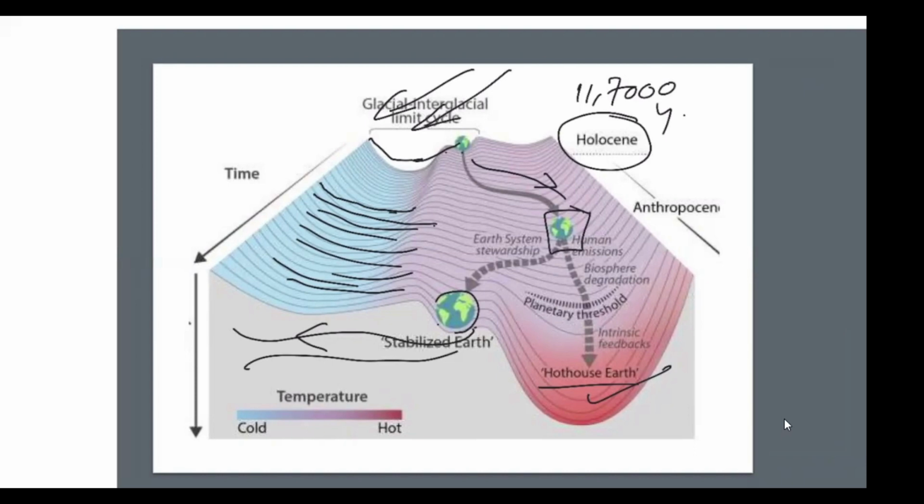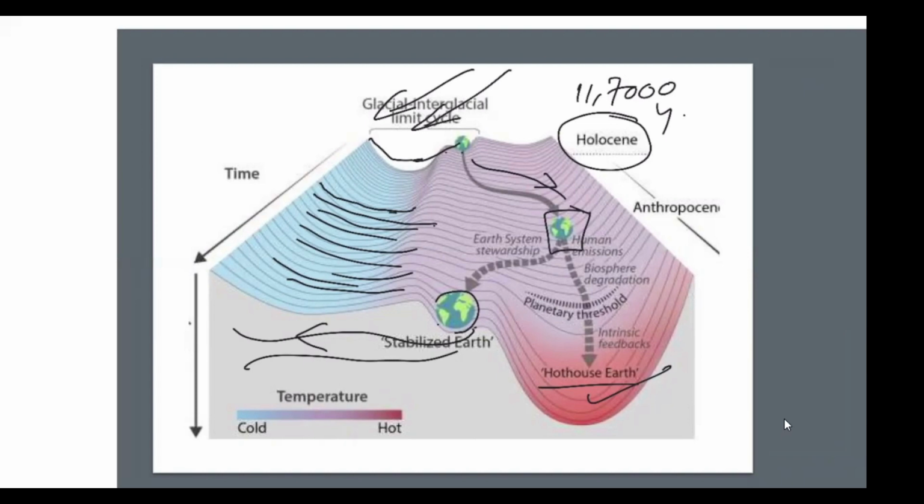Now it is going to drive down towards very high temperature and a stable Earth for millions of years, and life would simply perish.